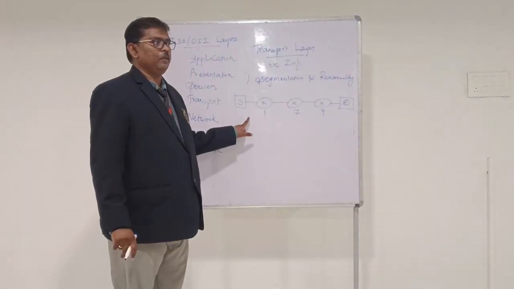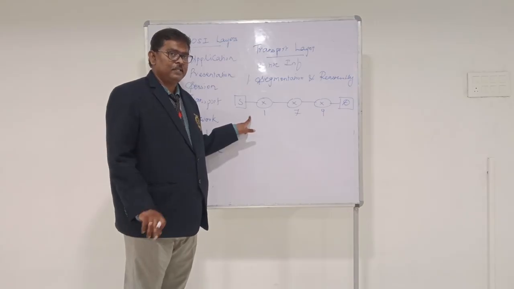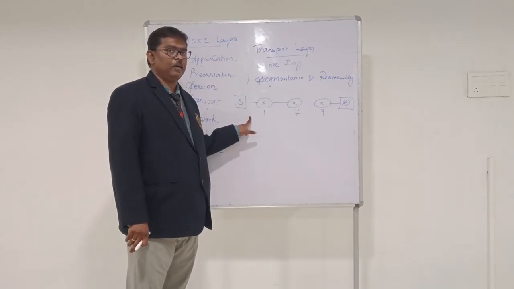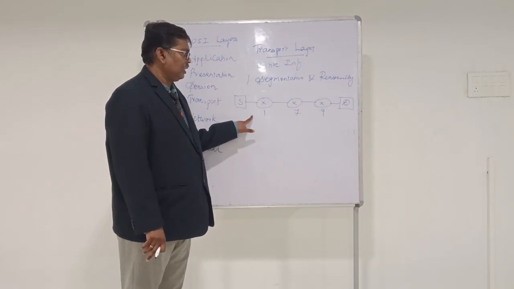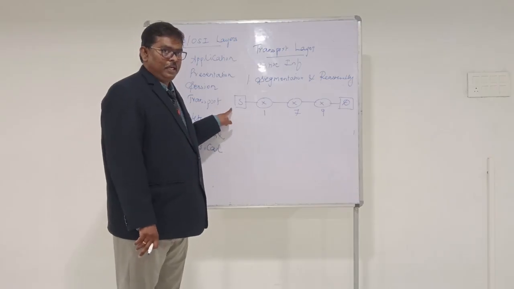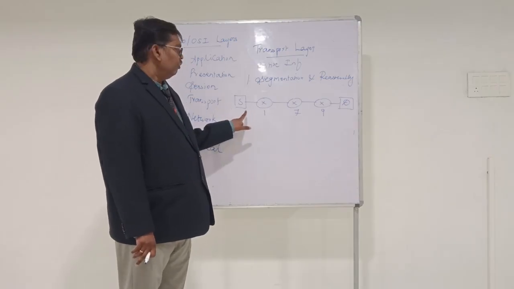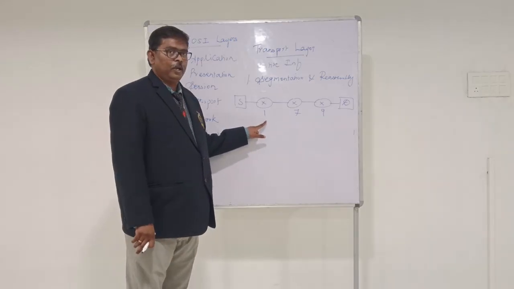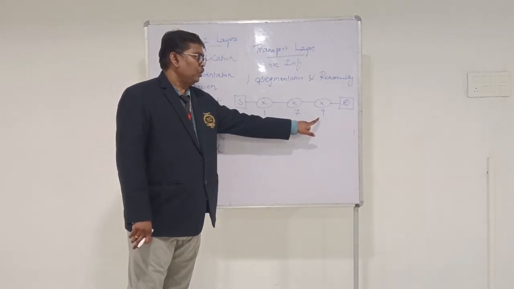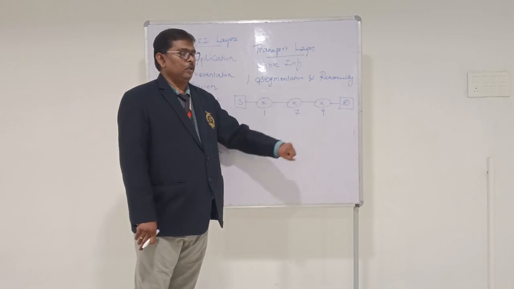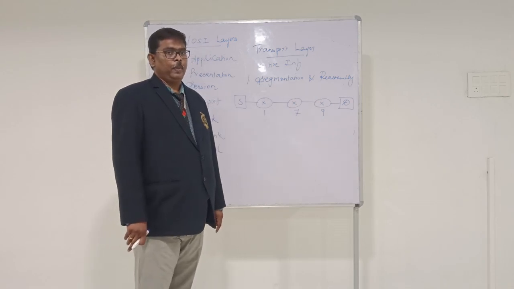I assume this is the shortest path already selected by the third layer, the network layer: source to router 1, router 1 to router 7, router 7 to router 9, router 9 to destination.